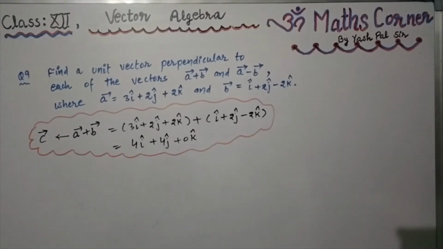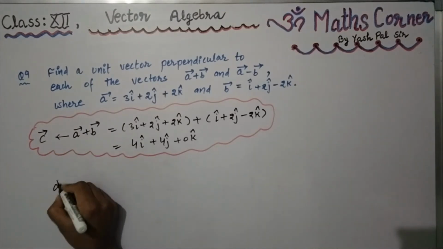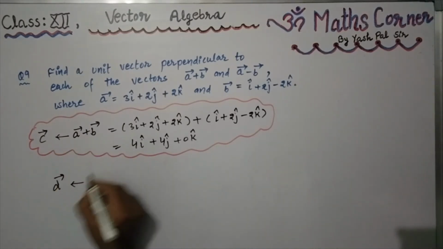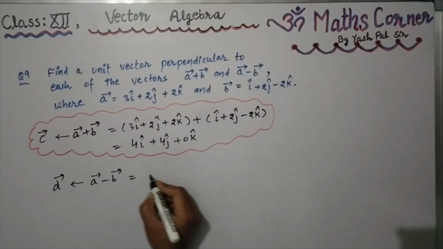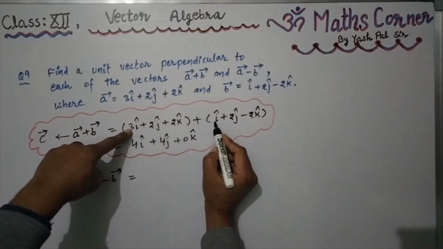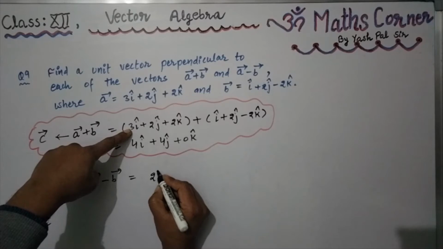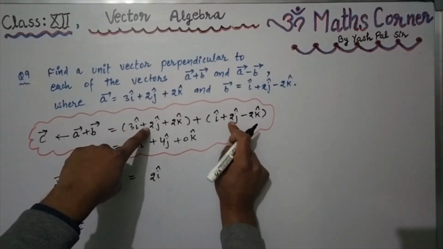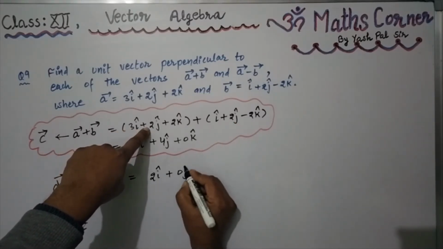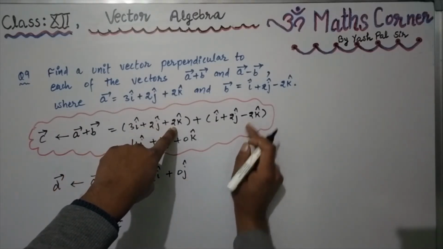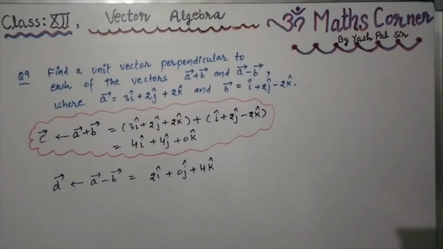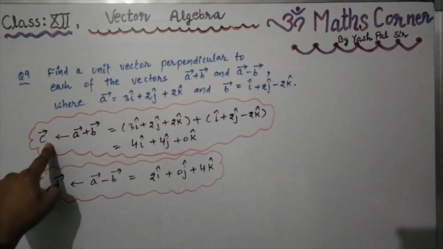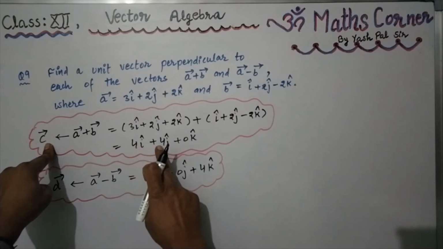Now we name this as vector C. Similarly, we take D to be equal to A vector minus B vector. Here we put minus sign and the result becomes 3 minus 1 is 2i, 2 minus 2 is 0j, 2 minus minus 2 is plus 4k.